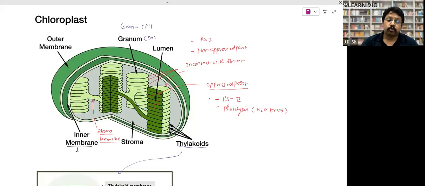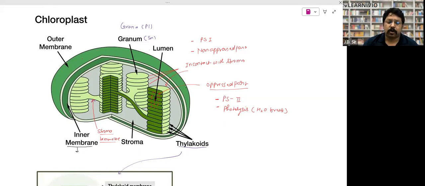The part of a thylakoid which is in contact with another thylakoid is called the appressed part. This appressed part contains photosystem. What is a photosystem? A photosystem is basically a group of pigment molecules, or you can say a group of chlorophyll molecules.